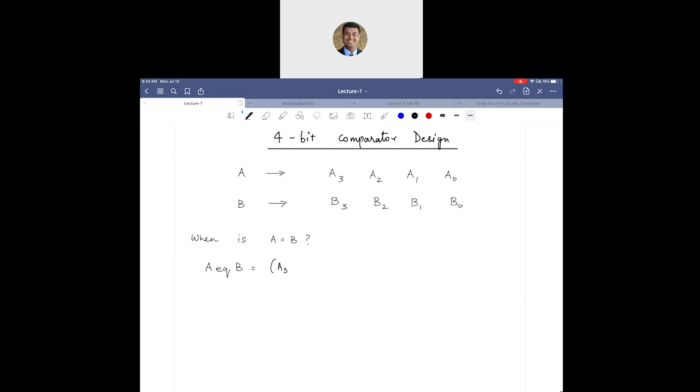A3 equals B3 and A2 equals B2 and A1 equals B1 and so on, right? Last one is A0 equals B0.